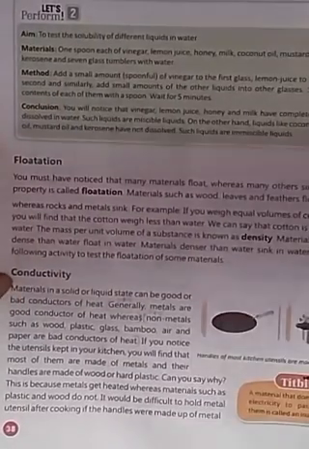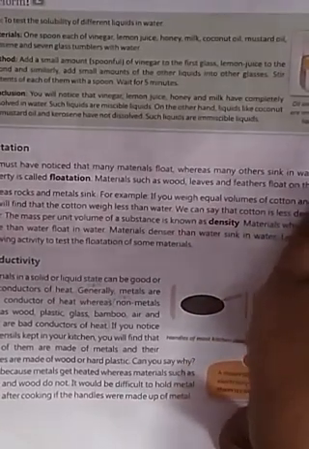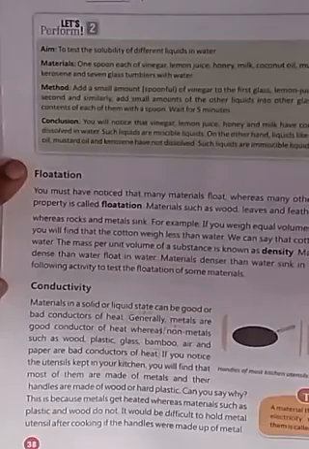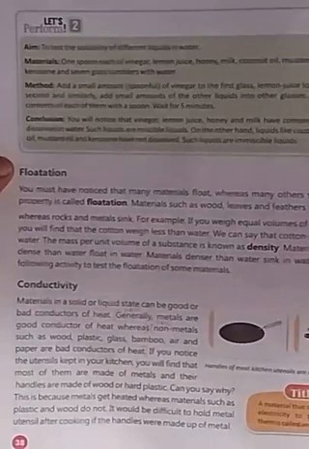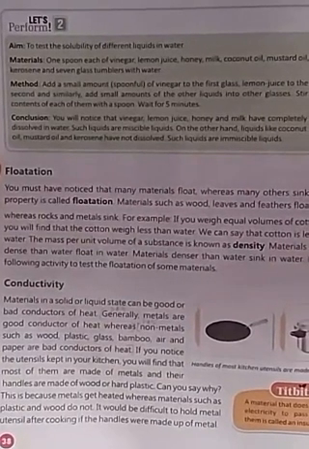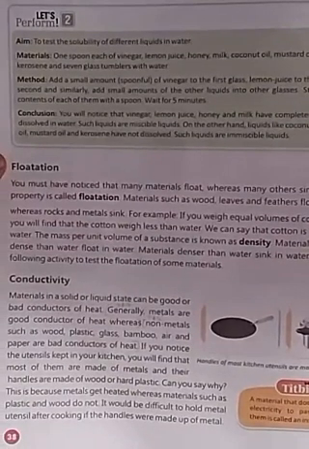Method: first you will add a small amount, a teaspoonful, of vinegar in the first glass, lemon juice to the second, and similarly in each glass we will try to dissolve a separate thing.